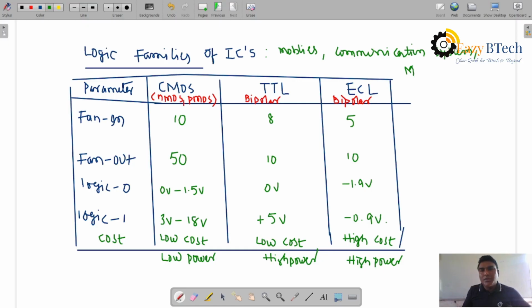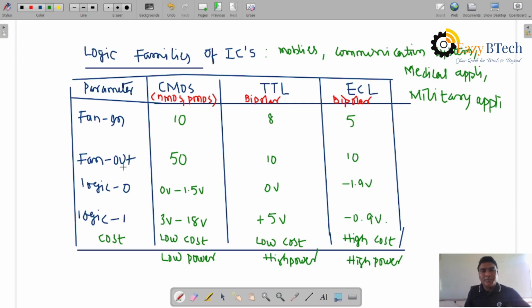All these ICs are used in medical applications and in military applications. The ICs are designed by the CMOS logic family, the transistor logic family, and the emitter coupled logic family.